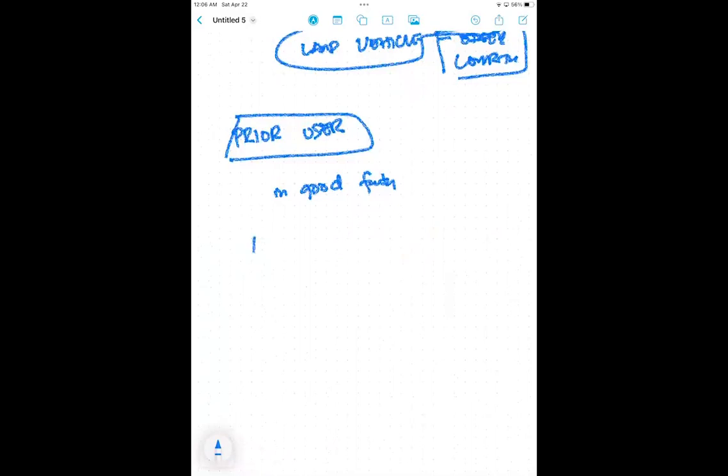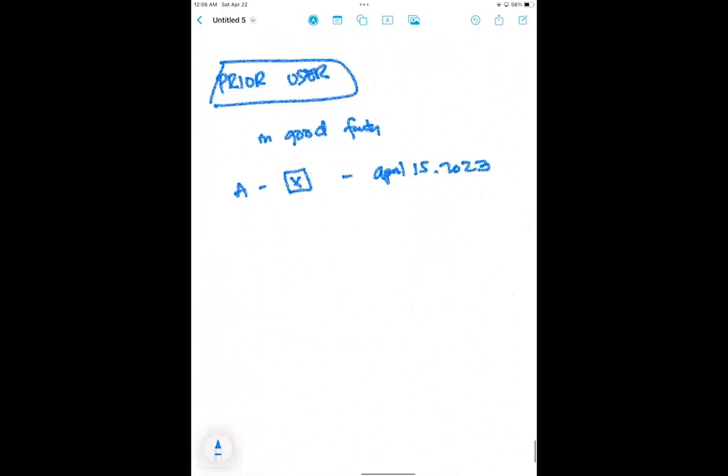So, let's say, for example, A was able to obtain patent for X. And let's say the patent was granted April 15, 2023. Okay? So after filing the application, after the rigorous examination, finally the patent was granted on April 15, 2023.